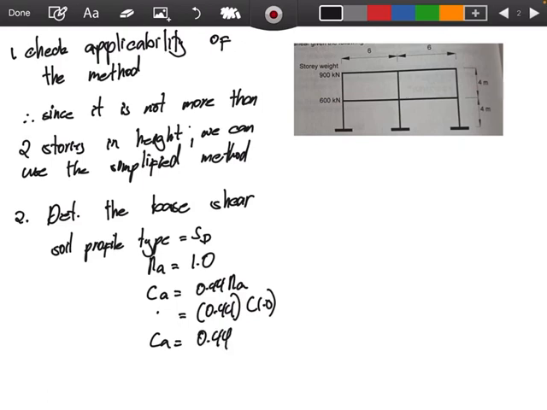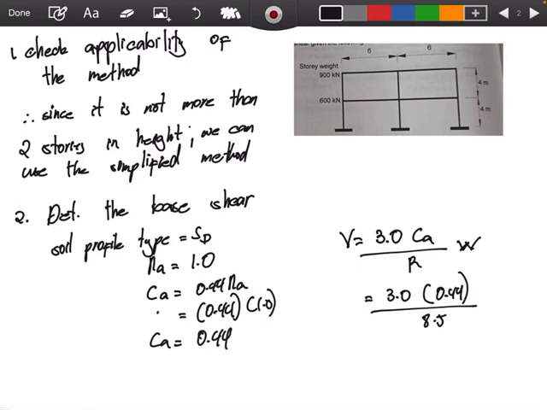Now to compute the design base shear, it is very easy because it is provided in the NSCP that the formula is V equal to 3.0 CA over R times W. So V is 3.0 times 0.44 over 8.5 times the total weight of the building, that is 1,500.